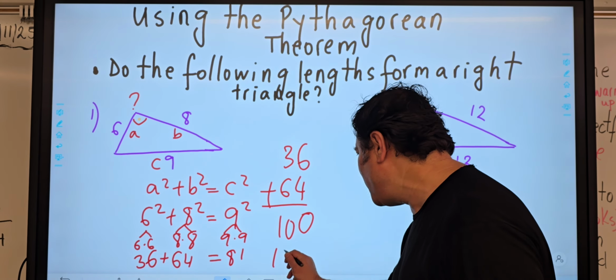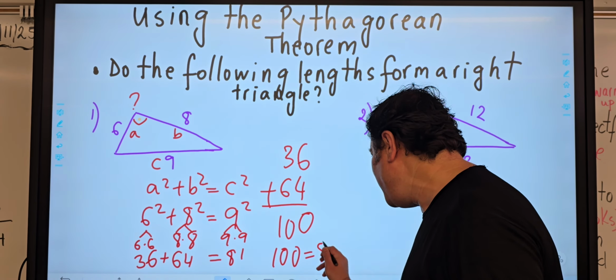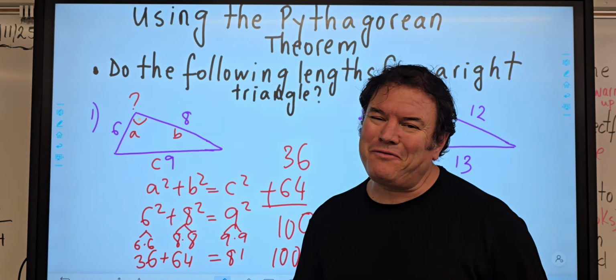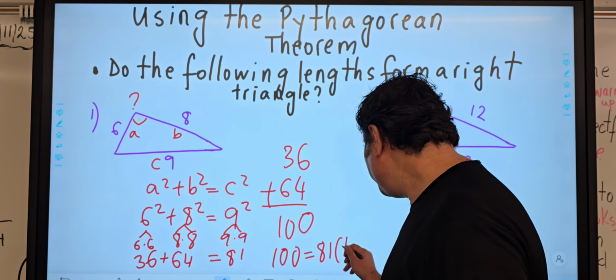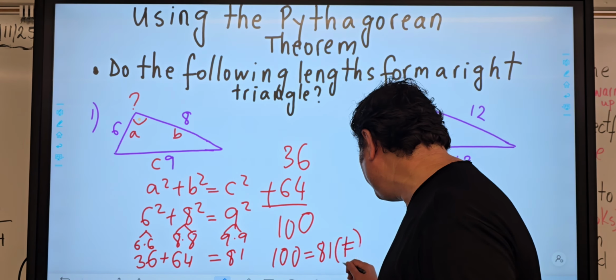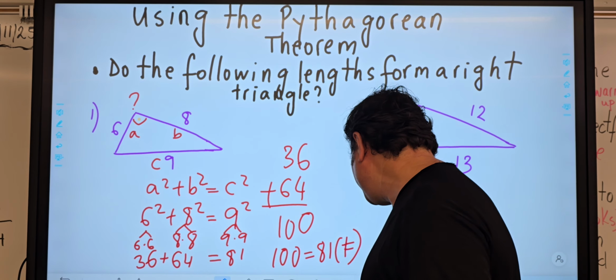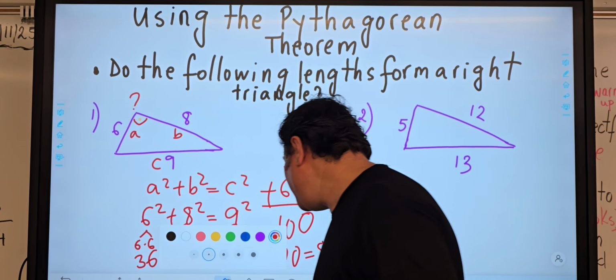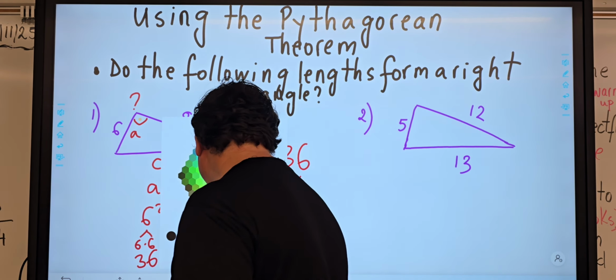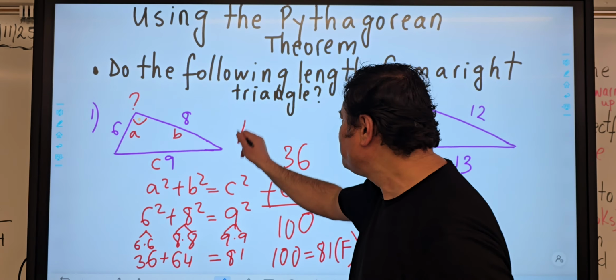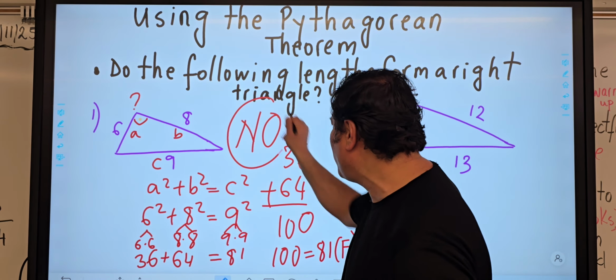So here we have 100 equals 81, and this is, unfortunately, a false statement. We can say that this does not make a right triangle. So the answer is no for number 1.